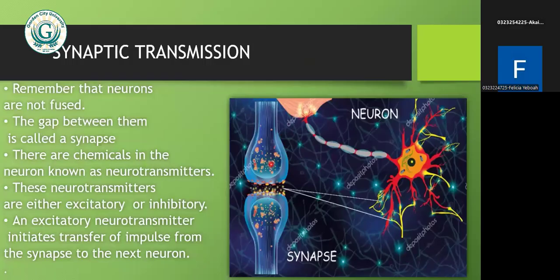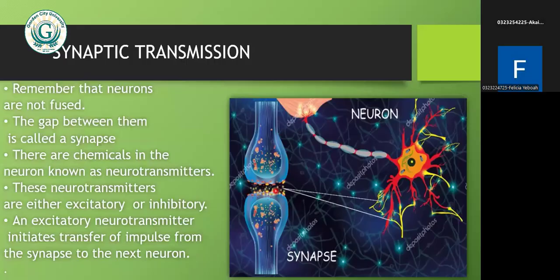Now, what happens is that if the presynaptic neuron releases inhibitory neurotransmitter, it will terminate or stop the propagation of the action potential. It will abort it.